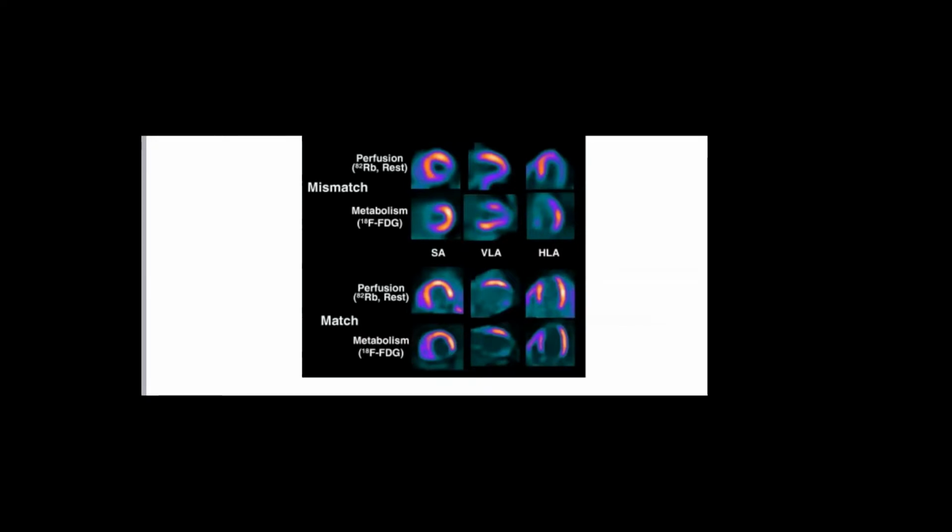And by the way, for the sake of the exam, I think this is the only thing you have to know. Non-viable, inferior, RCA area. No viability because it is a fixed defect, so it is not viable.